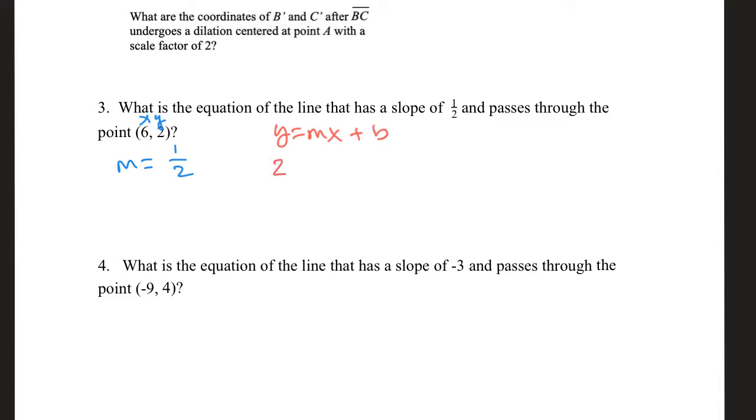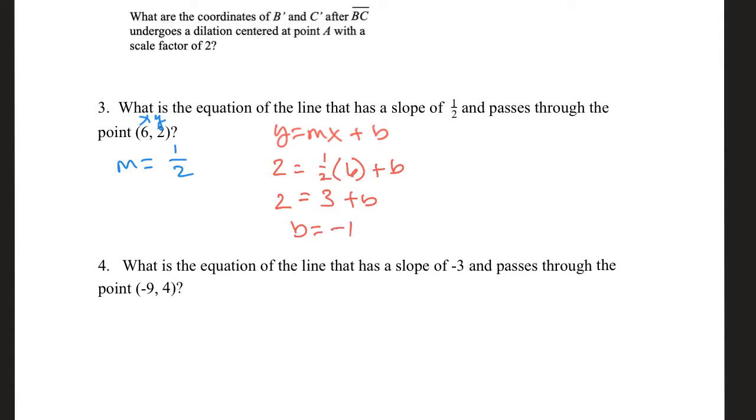So y is equal to 2. Our m is 1/2, being multiplied by our x value, which in this case is 6, and then plus b. 1/2 times 6 is 3, plus b, still equal to 2. Subtract 3 from both sides, and we get b is equal to -1.